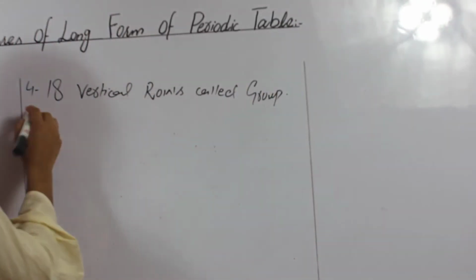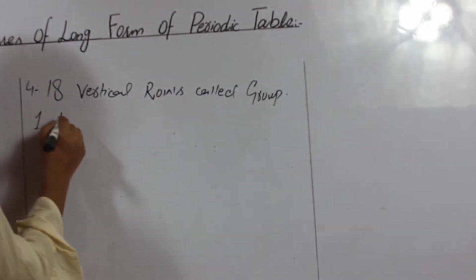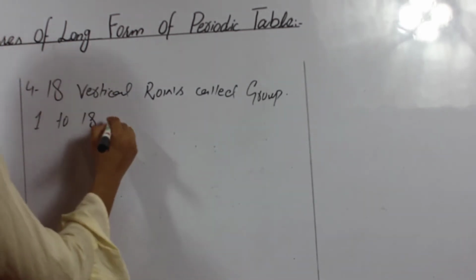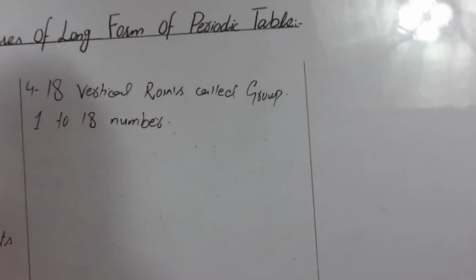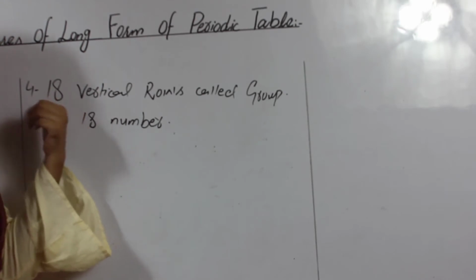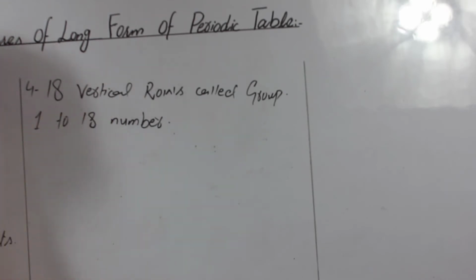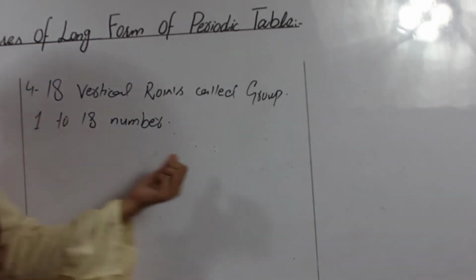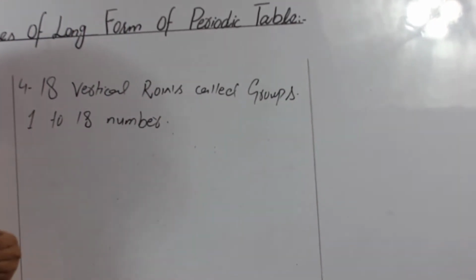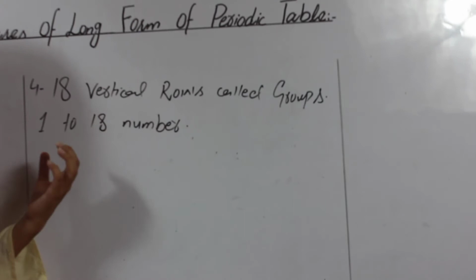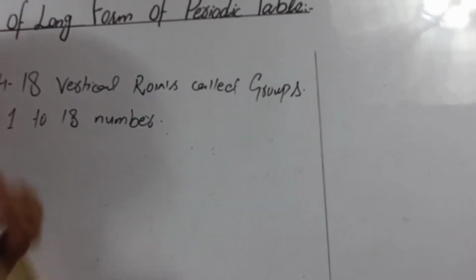They move from left to right, numbered from 1 to 18. I repeat, in the long form of the periodic table 18 vertical rows are present, and these are called groups, numbered from 1 to 18 from left to right.